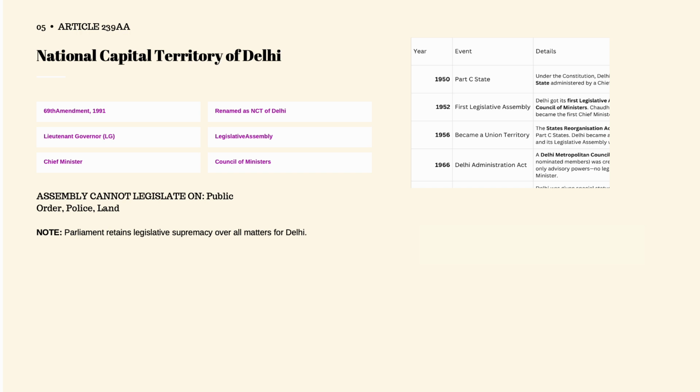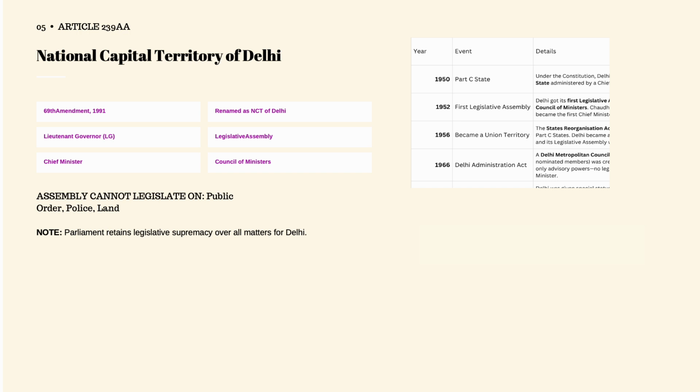The 69th Amendment 1991 gave Delhi the title National Capital Territory of Delhi, and it was renamed as NCT of Delhi, and the Lieutenant Governor became the head, and then they also got a legislative assembly. With the legislative assembly came automatically the chief minister and the council of ministers.